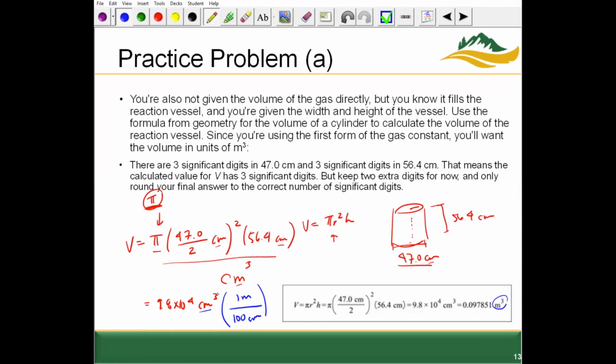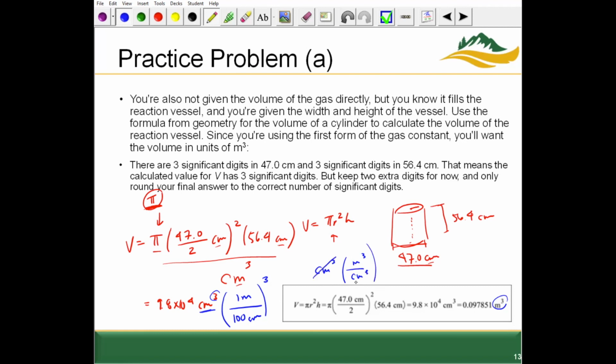Now, what do we do to get this into cubed, though? We need to cube this whole conversion factor that converts meters into centimeters. When we cube this conversion factor, we're going to have centimeters cubed from this, then times meters cubed over another centimeter cubed, just focusing on the units.